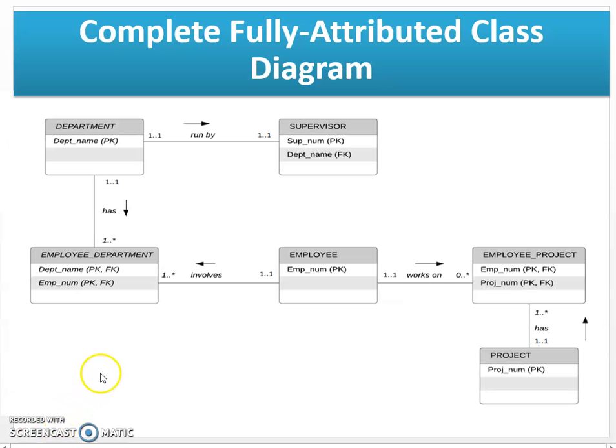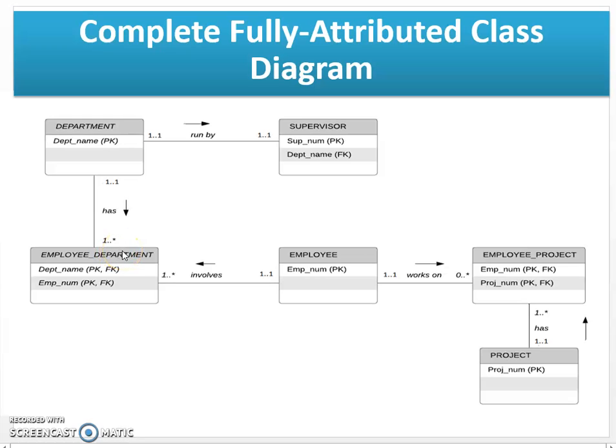After mapping all the attributes and resolving the many-to-many relationships, remember we started with the department class, supervisor class, employee, and the project, and we had a many-to-many relationship between the department and the employee, which we are trying to resolve by creating a bridging or composite class, which we will call employee department.